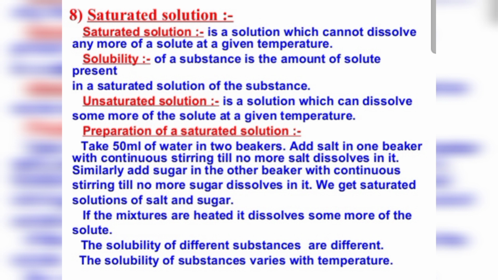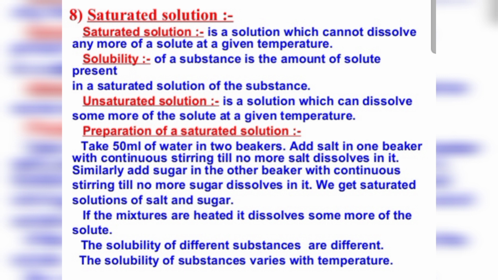For example, suppose 40 gram of sodium chloride is dissolved in 100 gram of water at 25 degrees Celsius. This is a saturated solution of sodium chloride at 25 degrees Celsius. That means we cannot dissolve any more sodium chloride into the water.